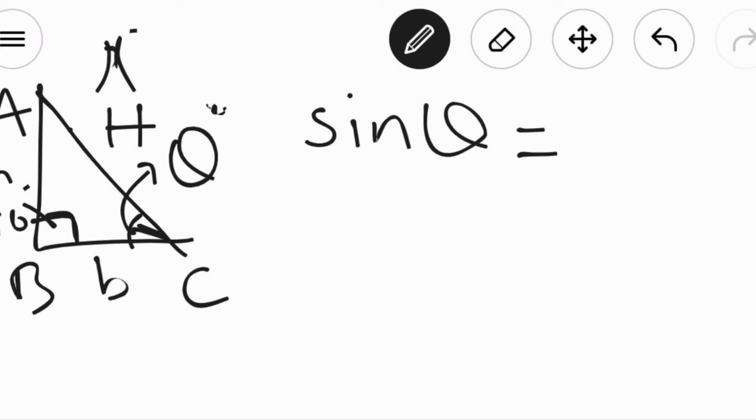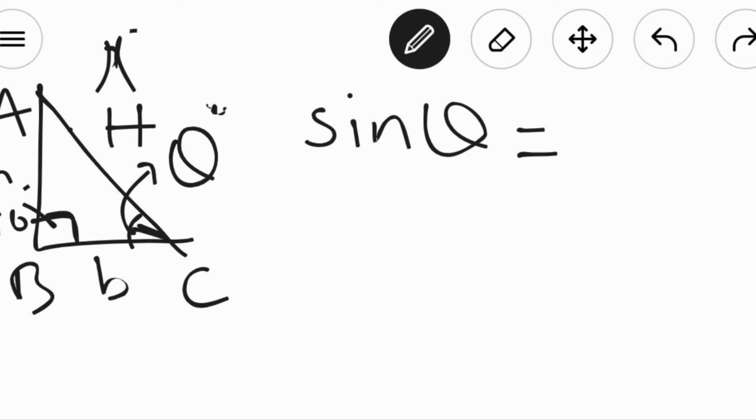Since theta is here, we call this b adjacent, as it is right beside it, and we call the height opposite, since it's exactly opposite to it. That's just a small reminder.